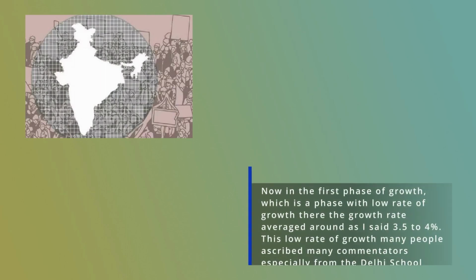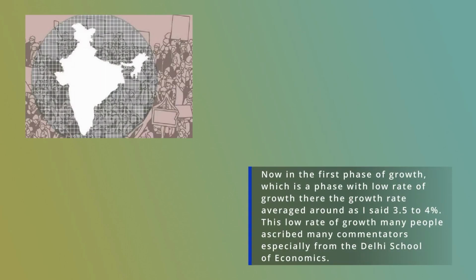Now, in the first phase of growth, which is a phase with a low rate of growth, the growth rate averaged around 3.5 to 4%. Many commentators, especially from the Delhi School of Economics in those days, ascribed this low rate of growth as the Hindu rate of growth.